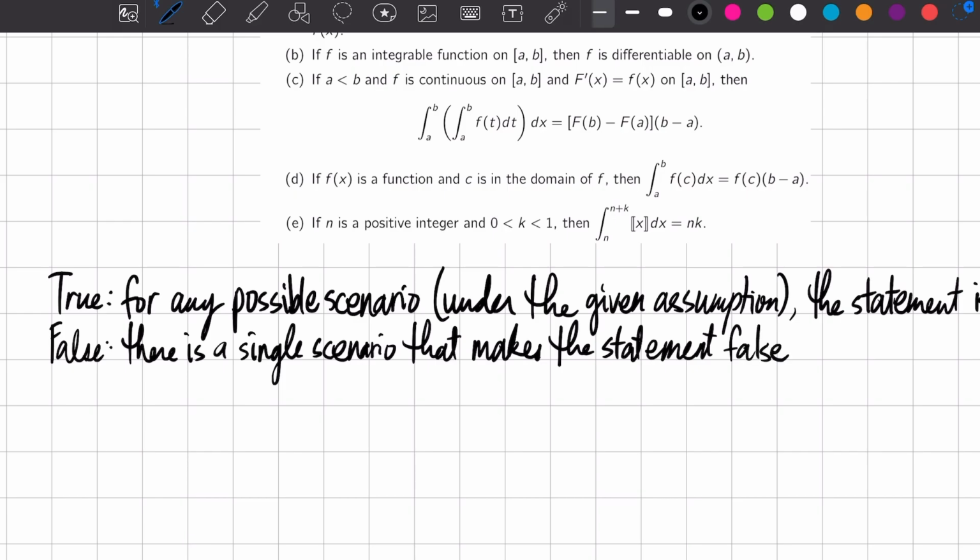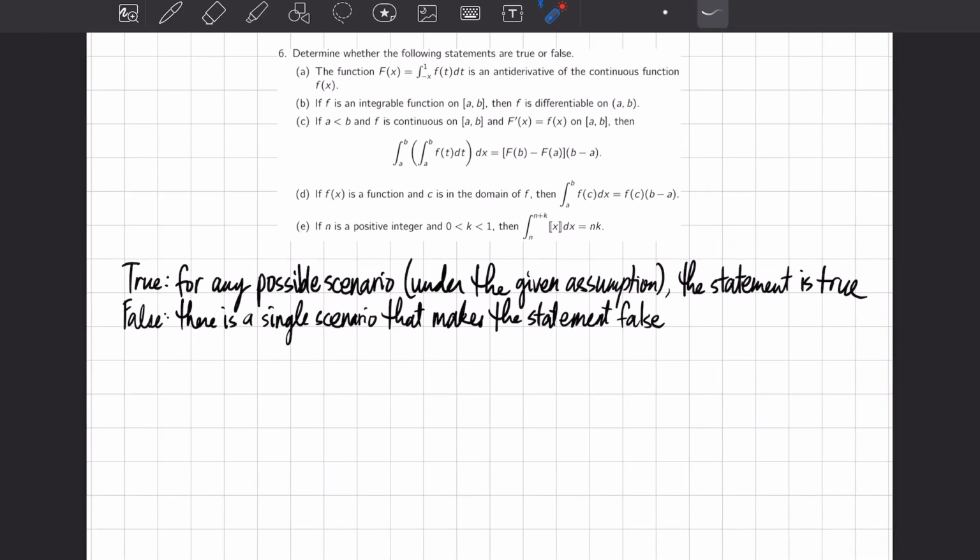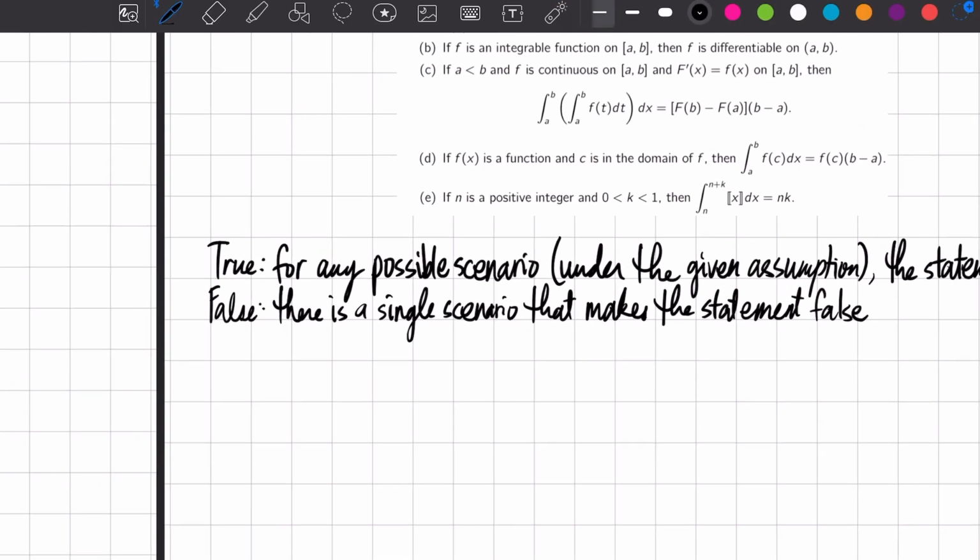So that means if you say that the statement is true, it should be true for any possible scenario. But to say that a statement is false, it's enough to find a single example or a single scenario that makes your statement false. Okay? So let's proceed to letter A.